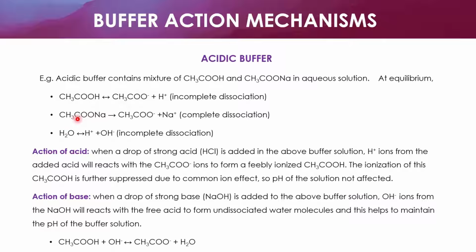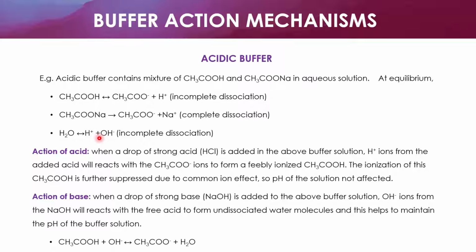Also, the sodium acetate, which is a salt of the weak acid and the strong base sodium hydroxide, will undergo a complete dissociation to form acetate ions and sodium ions. And the water, which is used in the preparation of the buffer, will also undergo an incomplete dissociation to form hydrogen ions and OH ions.